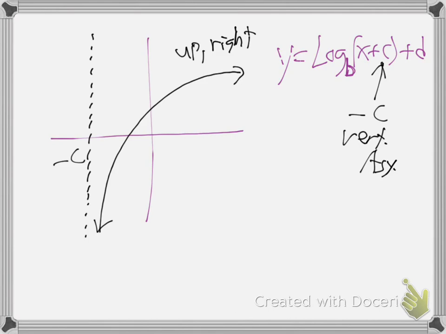They always go down forever or up forever at a vertical asymptote. I'm not talking about that. That's just always happening. I'm talking about the other side. So whenever I talk about the direction of the log graph, I mean the other side, not the vertical asymptote side. That always just goes along the vertical asymptote. So this one goes up to the right. And the number in the parentheses next to x, the opposite of that, becomes where the vertical asymptote is.